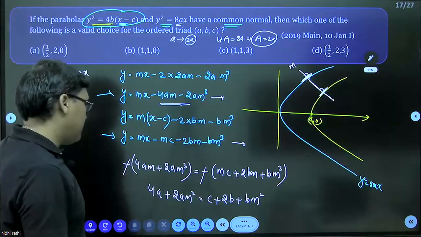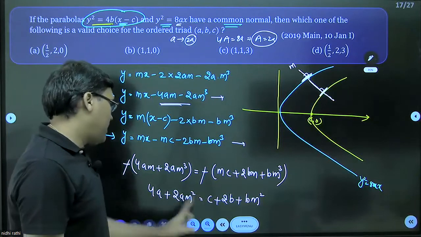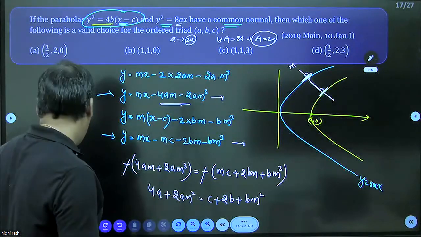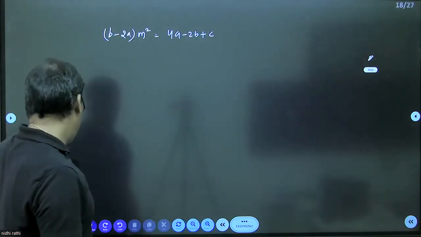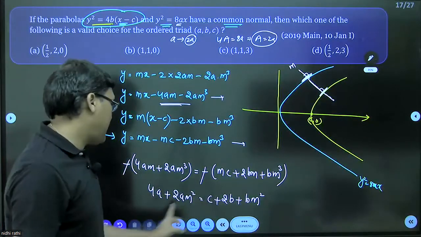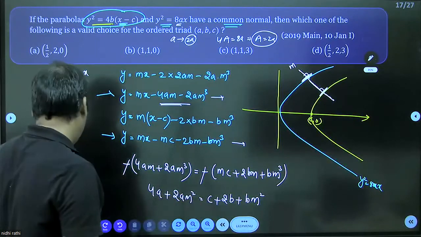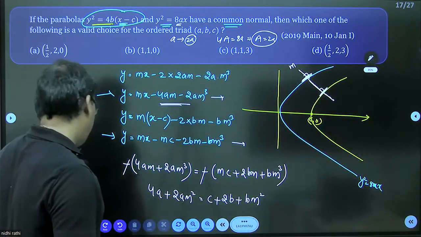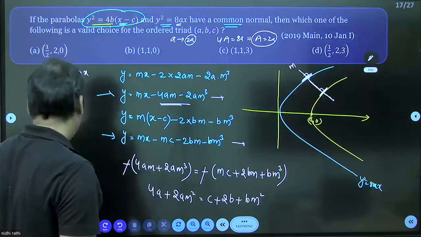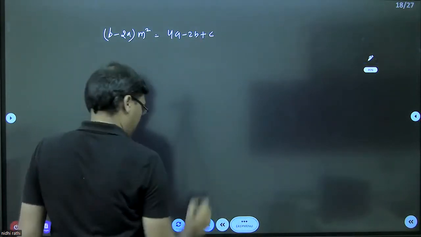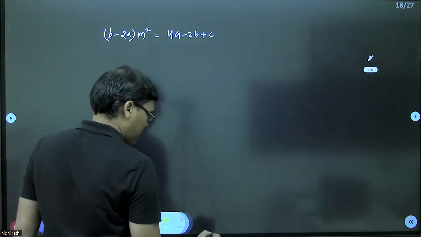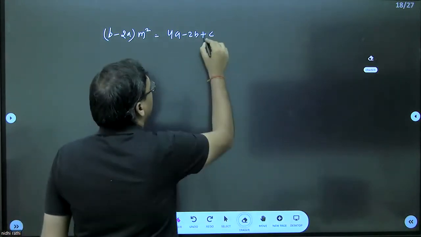You can check this. This is 4a minus 2b minus c, sorry, so minus, just now we have to do the calculation. This is b minus 2a m square, and this is 4a minus c minus 2b. So this will be minus c only.